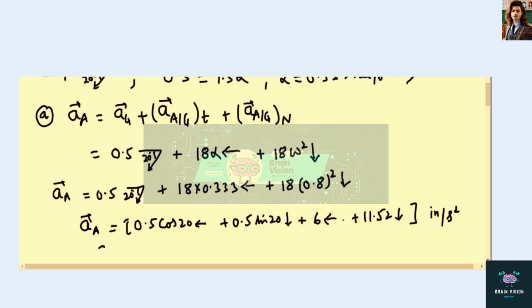On simplifying, the acceleration of A we will get 6.4698 towards left plus 11.670 vertically downward. So this is the answer of part A.